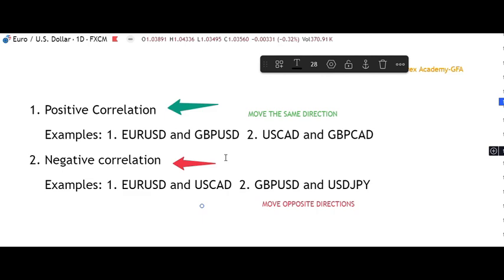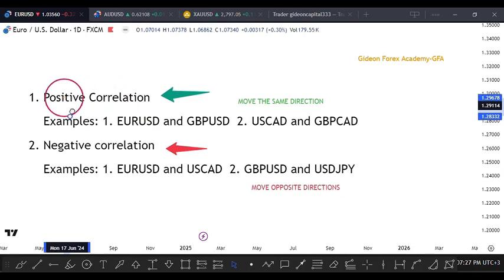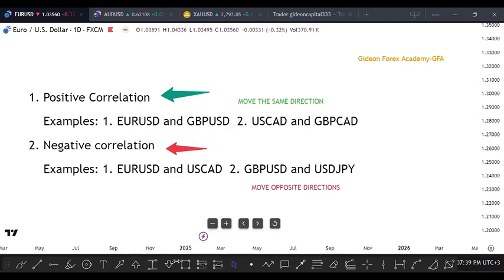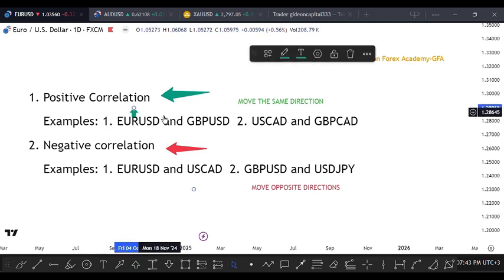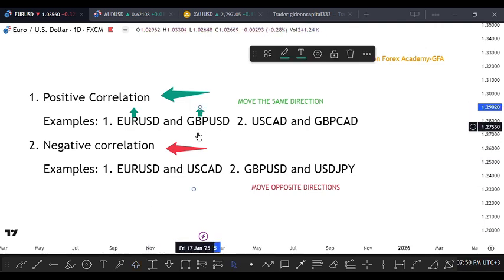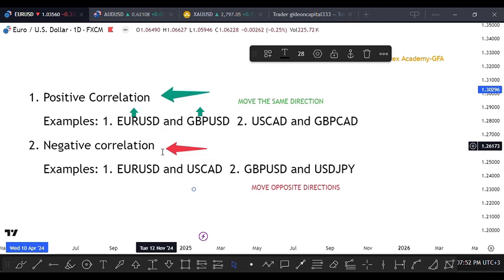For example, if GBP/USD and EUR/USD have a positive correlation, it simply means that when EUR/USD is bullish, GBP/USD is also bullish. Usually when you look at their price action on the chart, the market structure is quite similar.